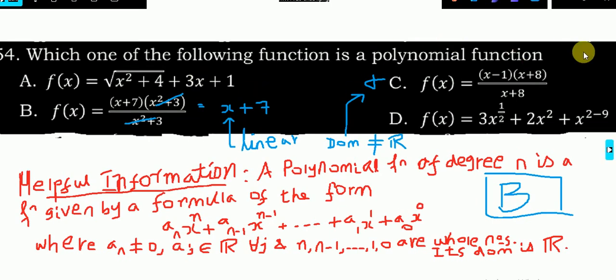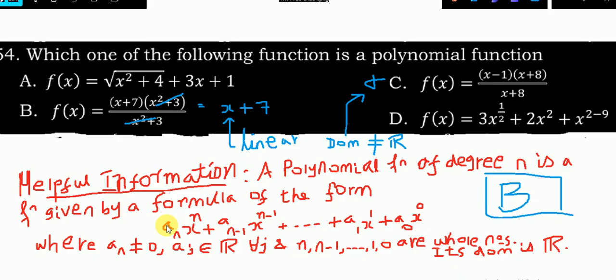Next problem: which one of the following functions is a polynomial function? This is straightforward. It is enough to know only the definition of polynomial functions to answer this question. A polynomial function of degree n is a function given by a formula of this form: a number times variable x raised to a whole number, plus a number times the same variable raised to a whole number, plus a number times the same variable raised to another whole number, and a constant.